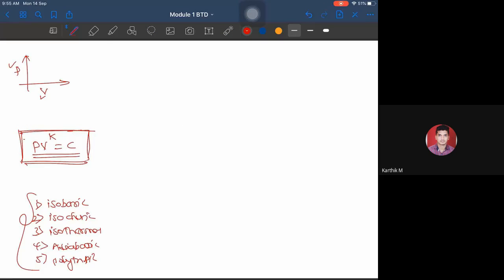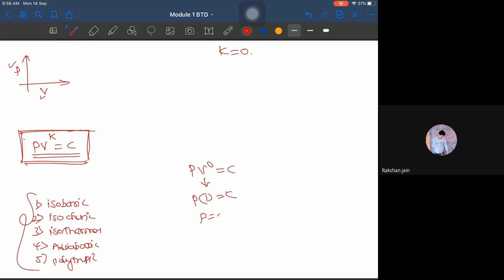Now, if I put the value of k to be 0, what happens, guys? PV to the power of 0 is equal to constant. Anything to the power of 0 is 1. So P is equal to constant.